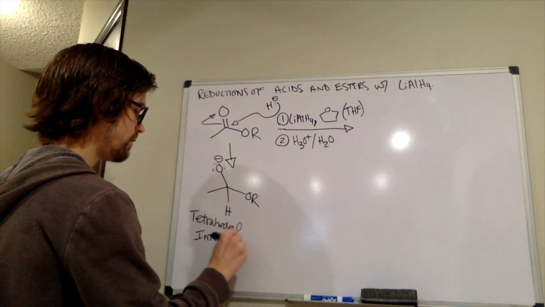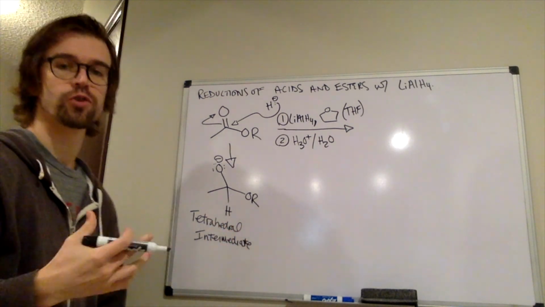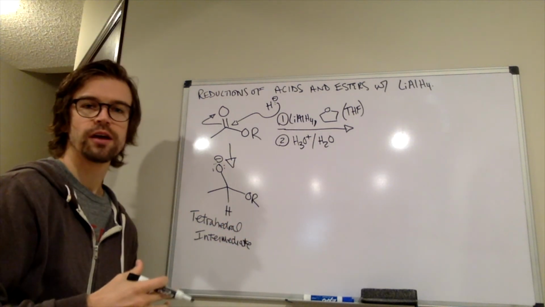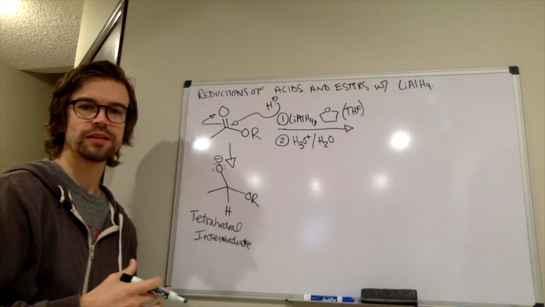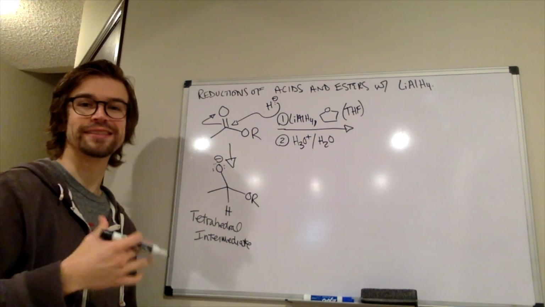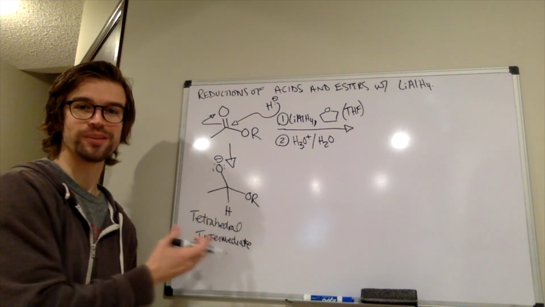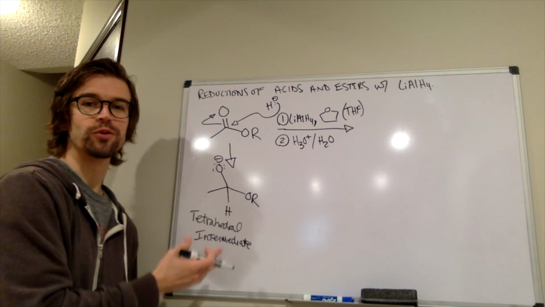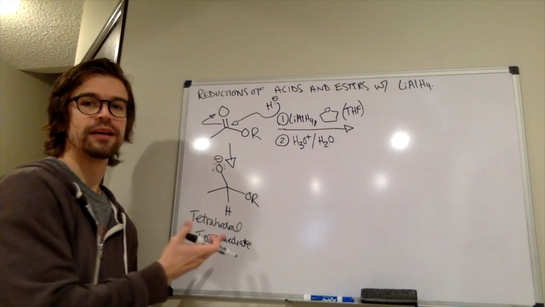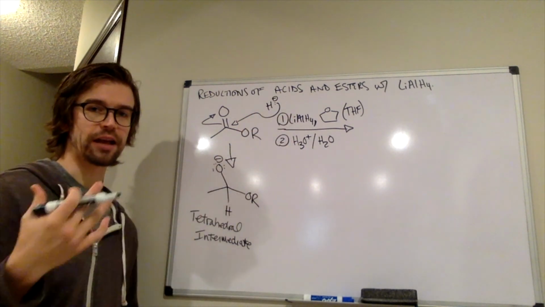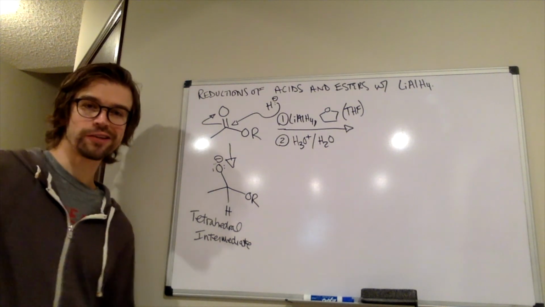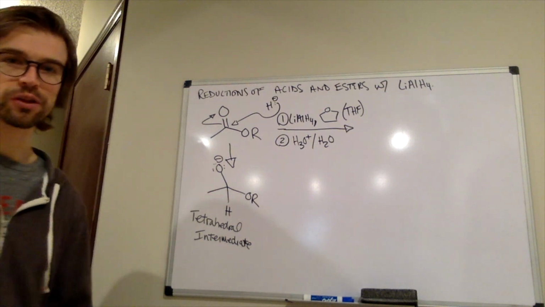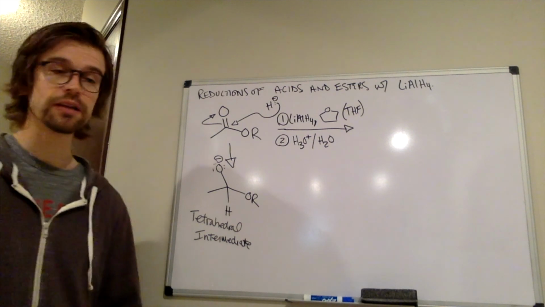With ketones and aldehydes, this isn't really an intermediate. This is almost the ending point. All we do if it's a ketone or an aldehyde is we then protonate to make the ending alcohol. But what did we just learn about with an equilibrium that we said was about 50-50?